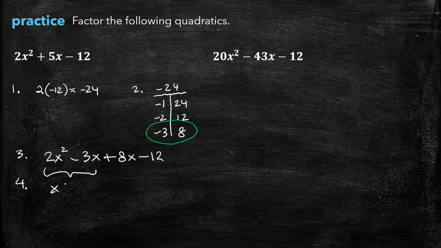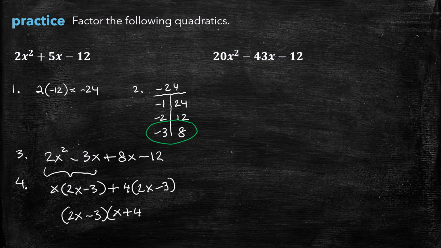So that's x times 2x minus 3. Plus common factor is 4, also 2x minus 3. And then you can factor out 2x minus 3 because it's common to both. And you're left with x plus 4. And I'll leave that for you to FOIL to check that it works.